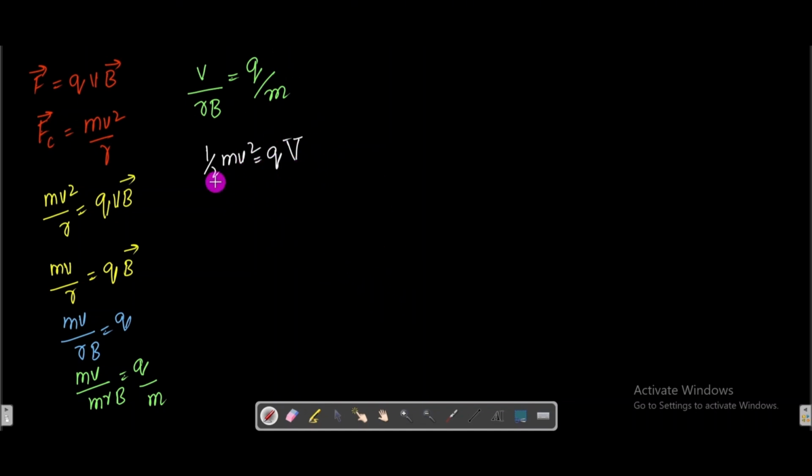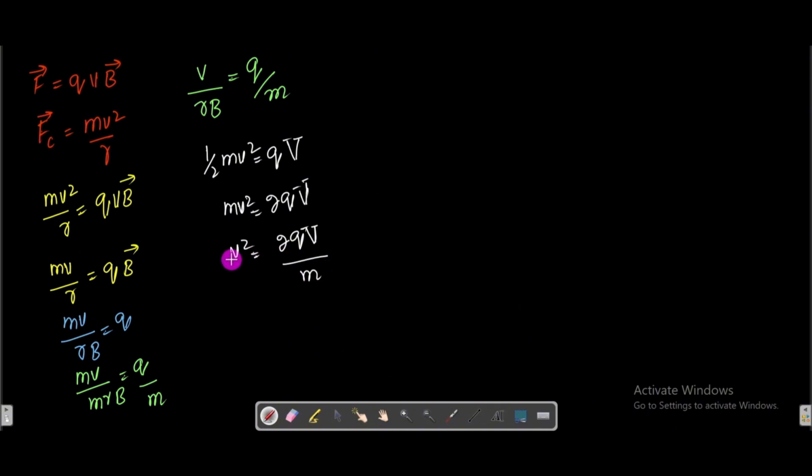From here we will find v. So v square is equal to 2qV divided by m. Here the capital V is the potential, and the small v is the speed of that electron.